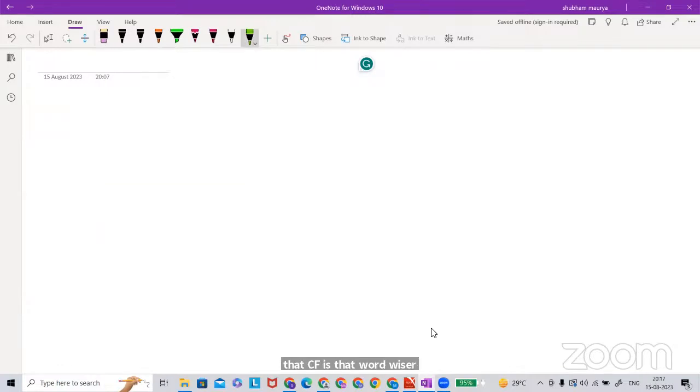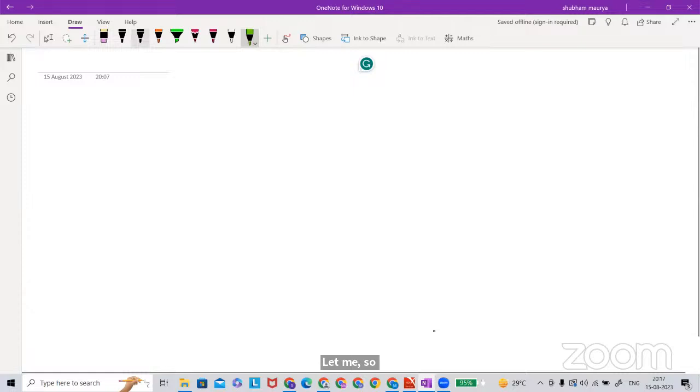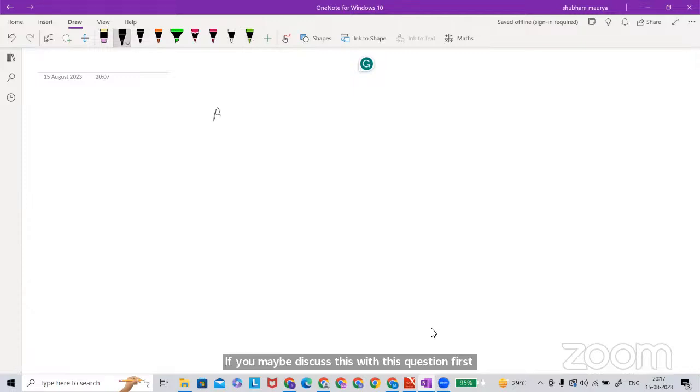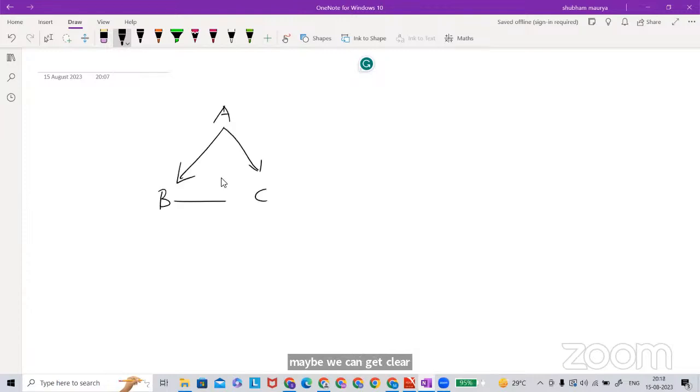If we discuss and solve this question first, then maybe we can get clearer ideas, sir. A is here, and that is B, and this is C, and we have this one, and then this is D, and this is F. This is the graph we have.